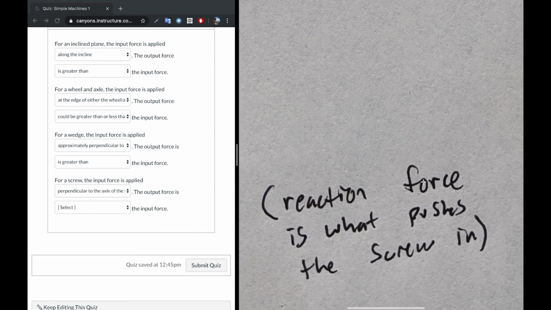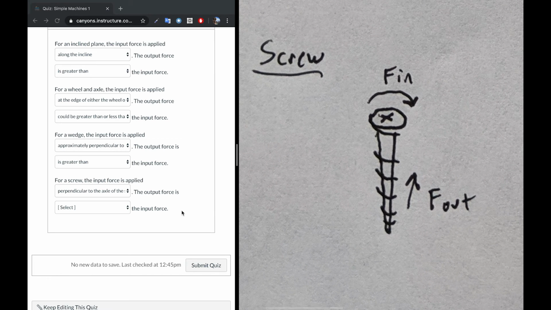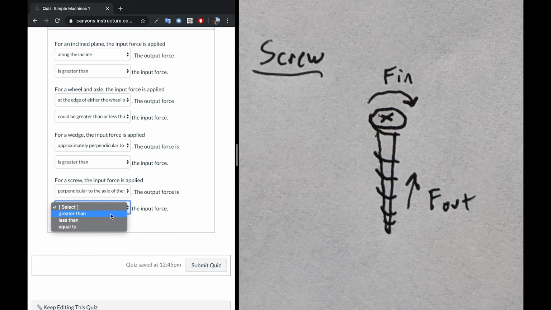And there's a simple reason for that. It goes back to Newton's third law. The action force is the screw pushing on the, let's say, wood, and then the reaction force is the wood pushing back on the screw, and that's what drives it into the wood. Okay, and then just like the other variants of an inclined plane, like the wedge, this is always going to have a greater output force than input force.